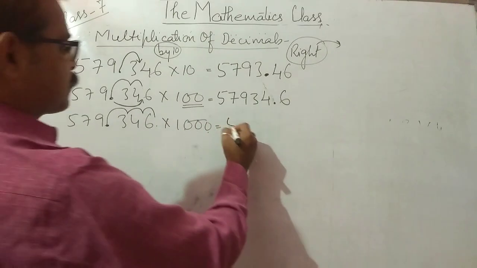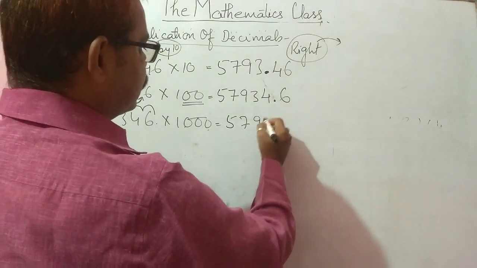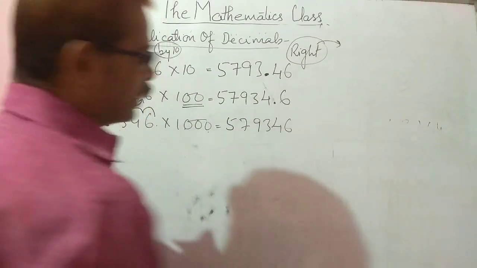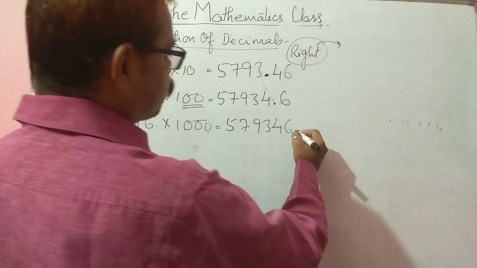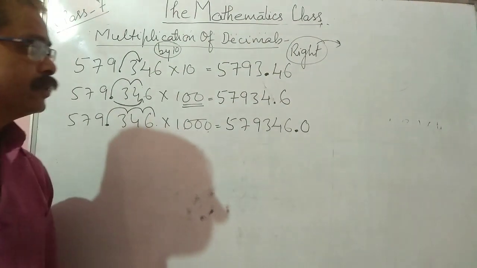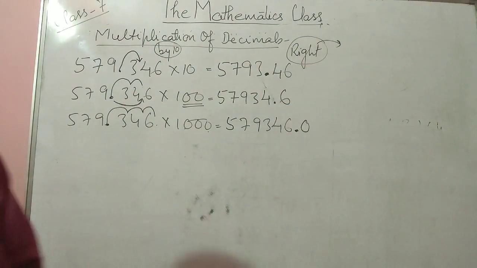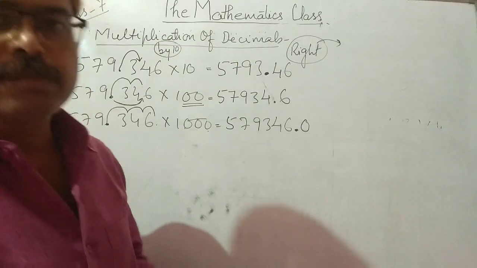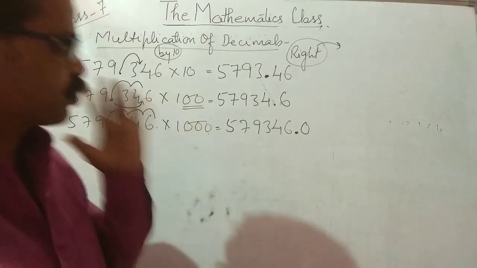Finally it is 579346, a complete number. If you want to write it in decimal form, you can write it with .0. This was about multiplication of decimals by 10, 100, 1000 and so on.